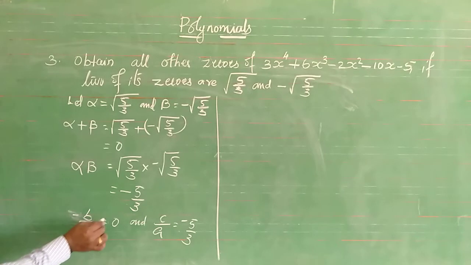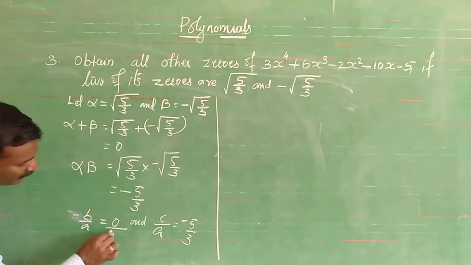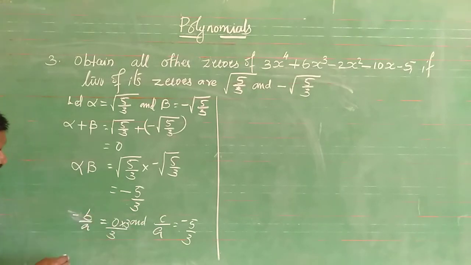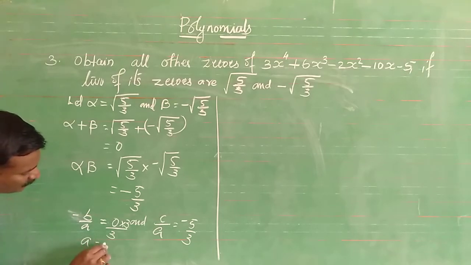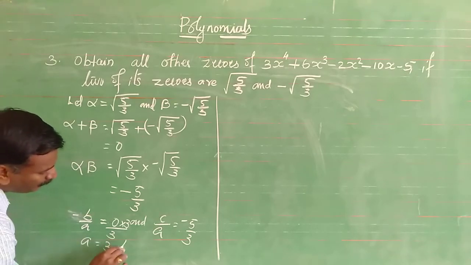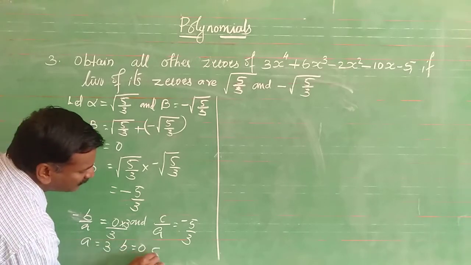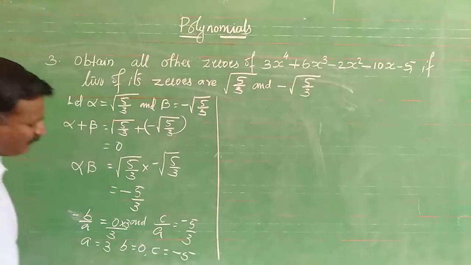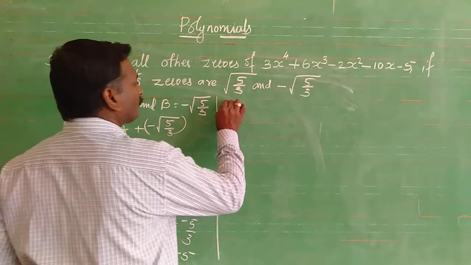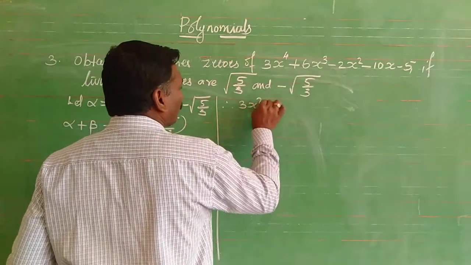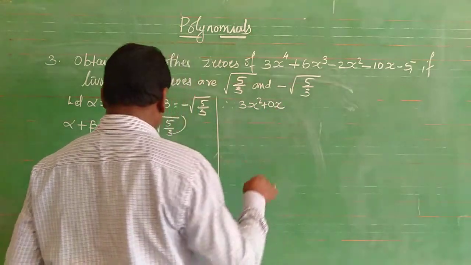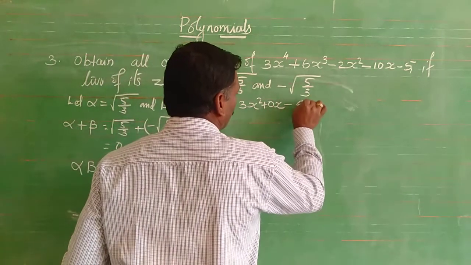Now here, multiplying by 3, we can find the quadratic polynomial, that is a is equal to 3, b equal to 0 and c is equal to minus 5. Therefore, the quadratic polynomial is 3x squared plus 0x minus 5.